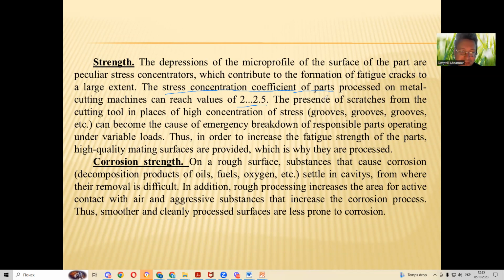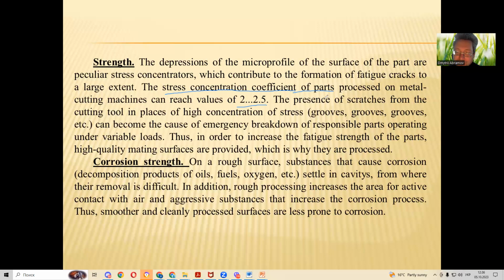Corrosion strength. On a rough surface, substances that cause corrosion, decomposition products of oil, fuels, oxygen, etc., settle in cavities from where the removal is difficult.